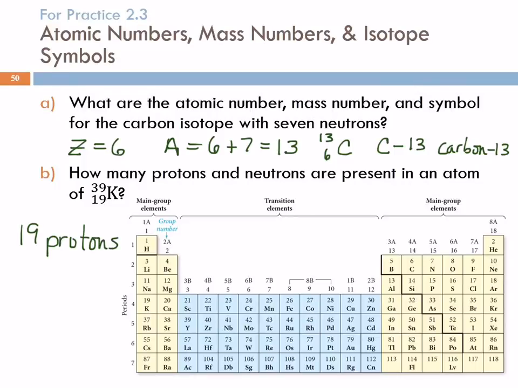And if we look on the periodic table and find the symbol K, it's 19, because potassium always has 19 protons. How many neutrons? Just subtract. 39 minus 19 is 20, so 20 neutrons. Any questions? So you need to know what these symbols mean, and given information in a periodic table, you need to be able to write the symbols.